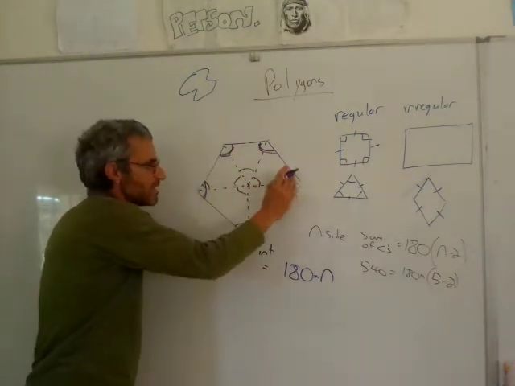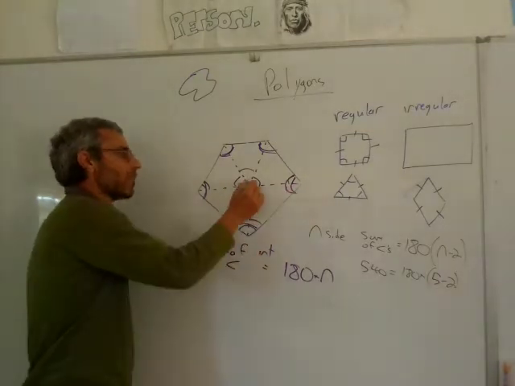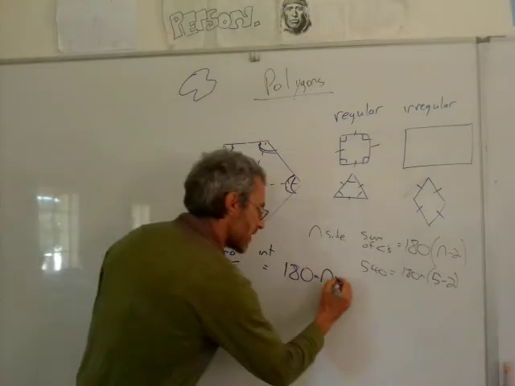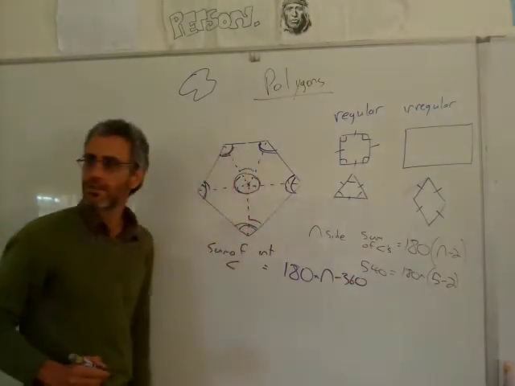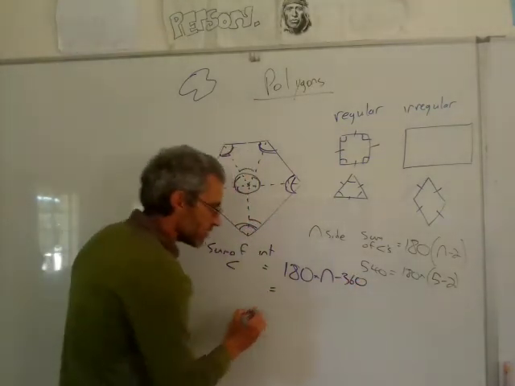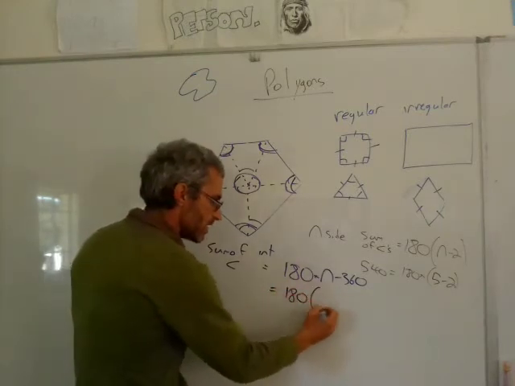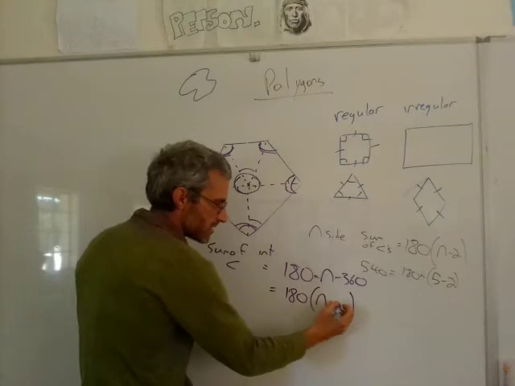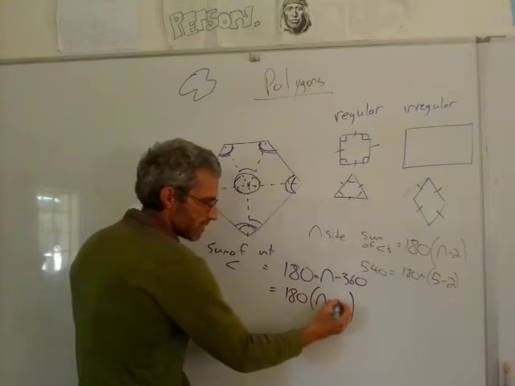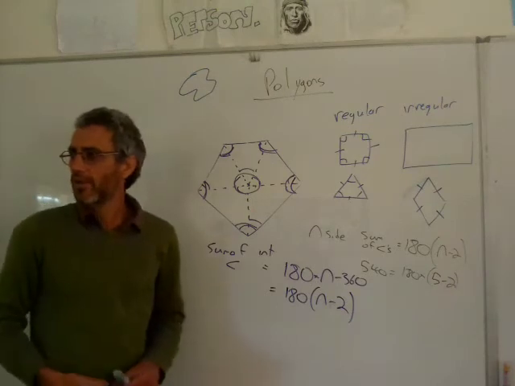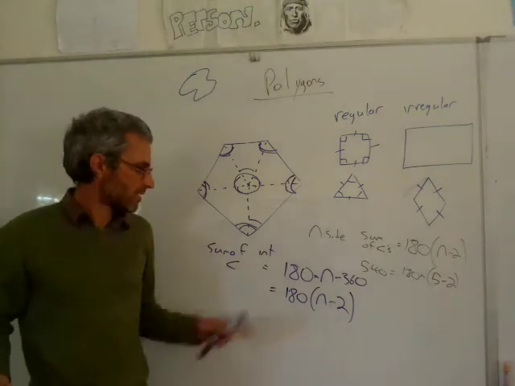So I'm adding these in the middle. How much is all of this? 360. So I need to take away 360. Taking a common factor, what's a common factor? 180. And in brackets I must write n minus 2. Oh, wow. So easy. Totally easy, isn't it?